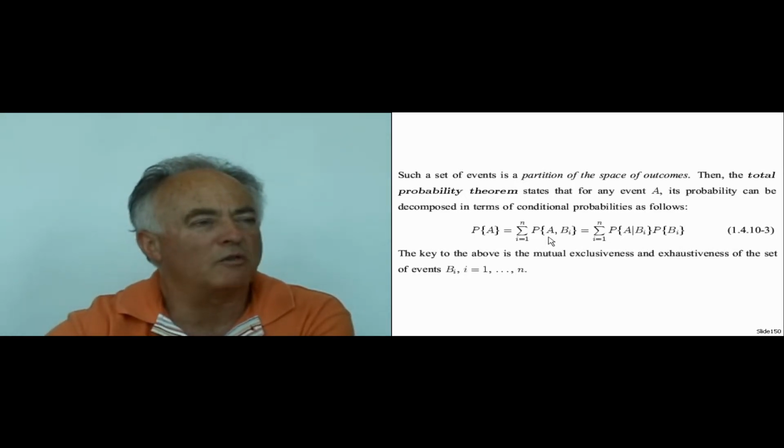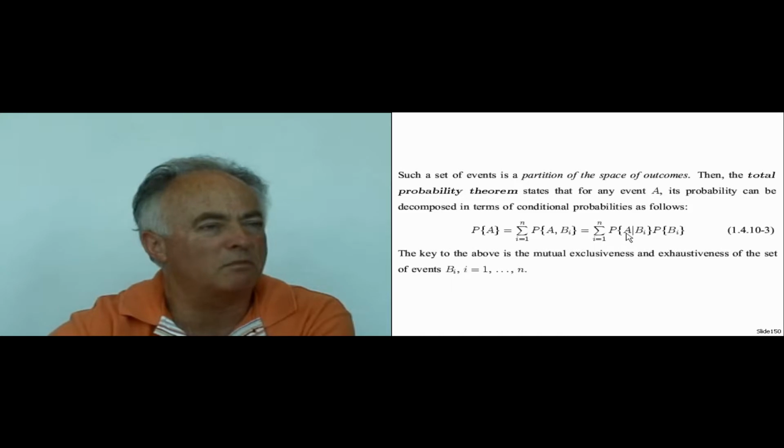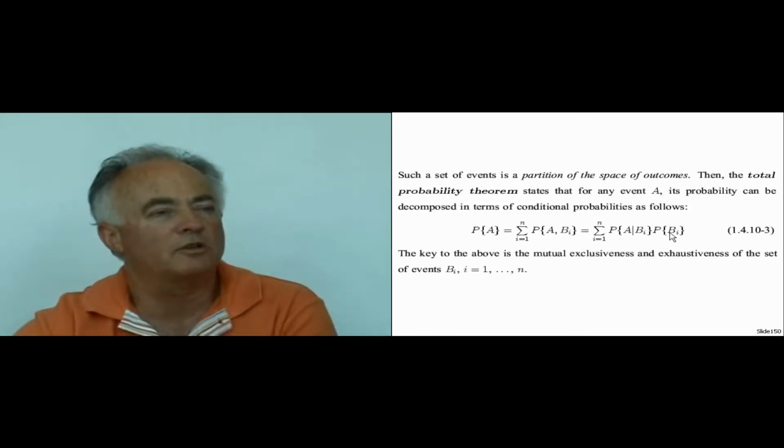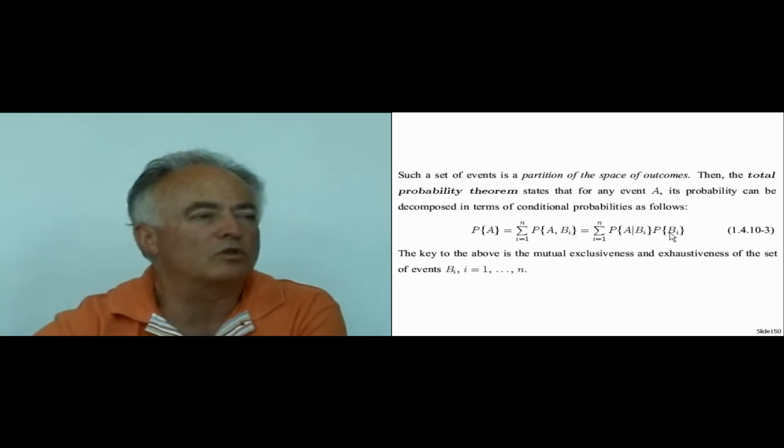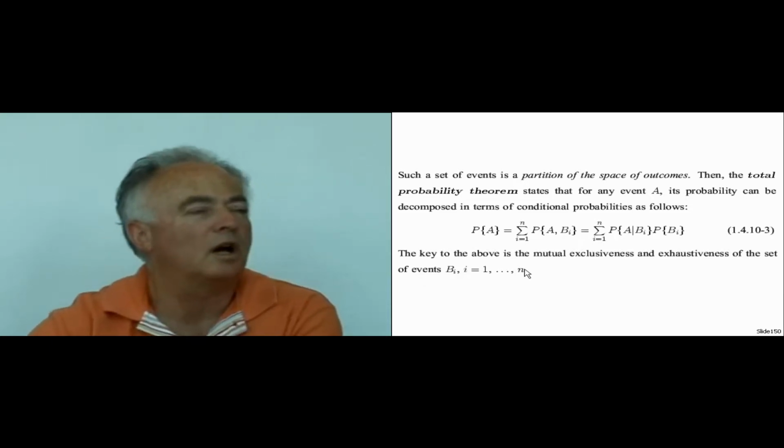Now using the definition of the conditional probability, I can rewrite P of A and B_i as P of A given B_i times P of B_i. That's just a simple algebraic reshuffle of the definition of the conditional probability. So the key to the above is the mutual exclusiveness and exhaustiveness of the set of events B_i from i equals 1 to n.